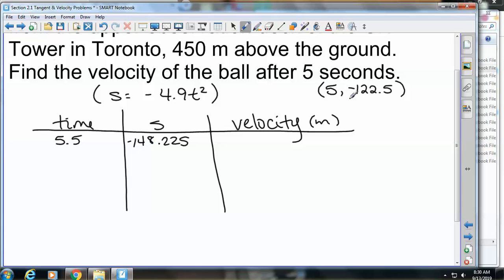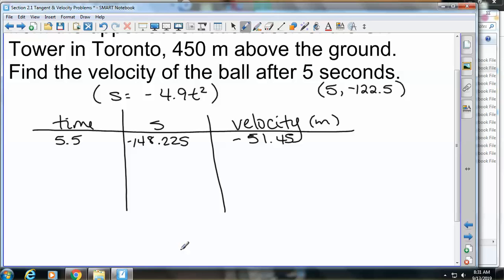So you're going to do y2 minus y1 over x2 minus x1. So just our slope calculation. I got negative 51.45. Do you guys agree with that? That's how I got it.